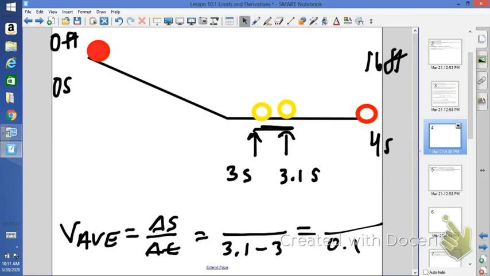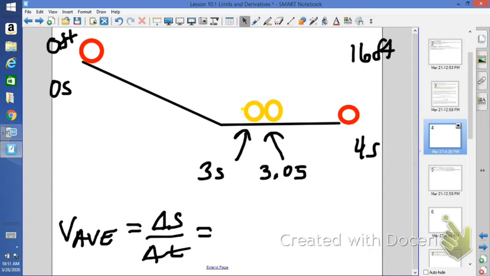Now, the smaller and smaller we make this interval, we're going to be getting an average velocity, but as you can hopefully see, that average velocity becomes a better and better representation of what our instantaneous velocity is going to be. So here, instead of making our interval from 3 to 3.1, it's even smaller. It's 3 to 3.05.